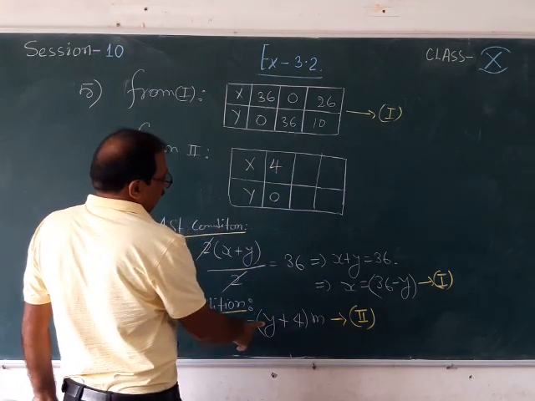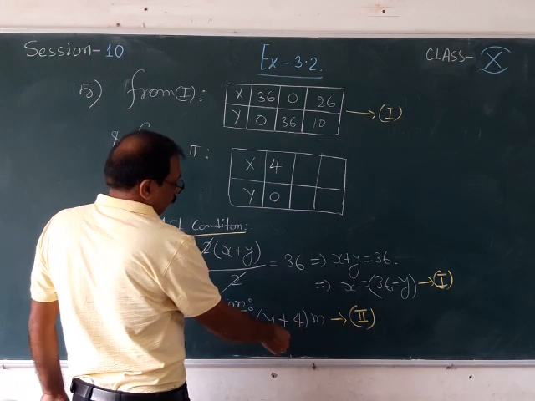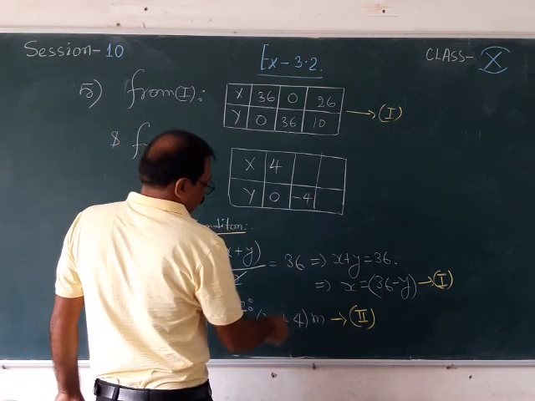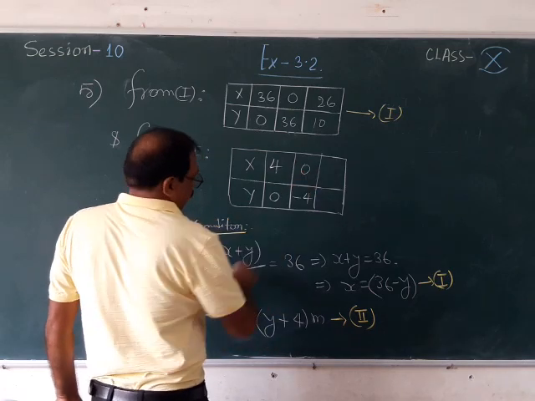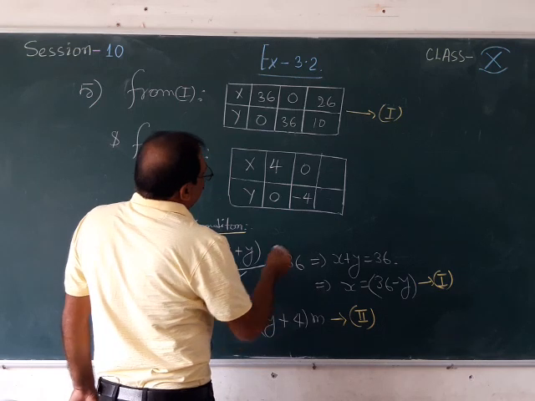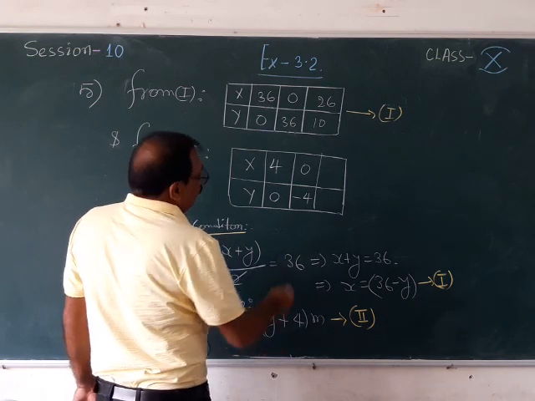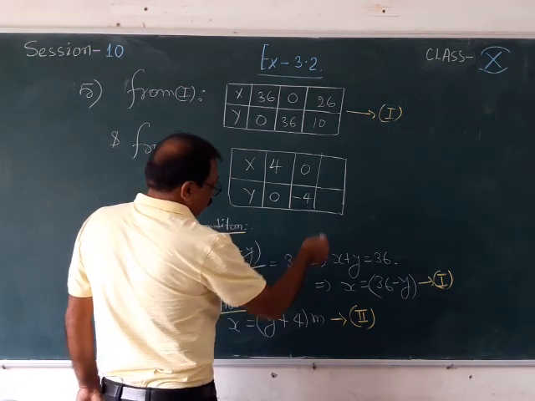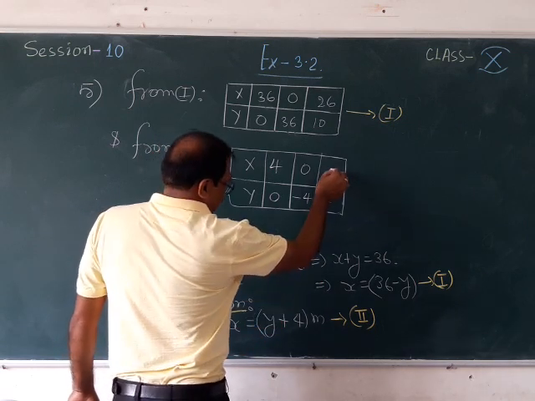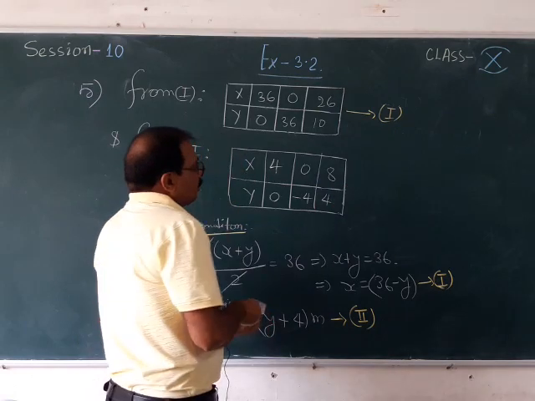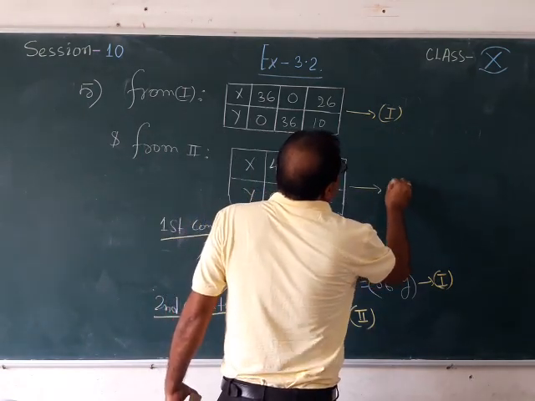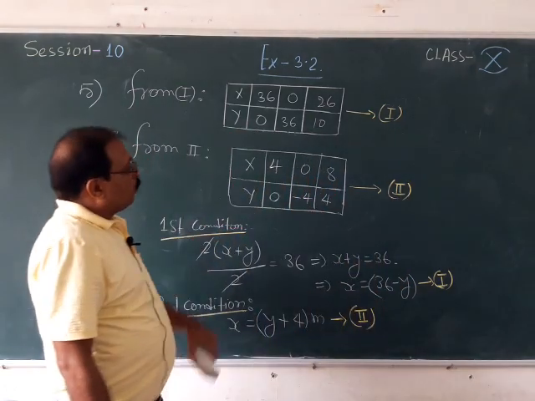Now if I take y as minus 4, then x is coming 0. Now one more value I can take. This time y can be any value. Take your choice and give y as 4, then it will be 4 plus 4, that is 8. So this is the solution set for equation number 2.